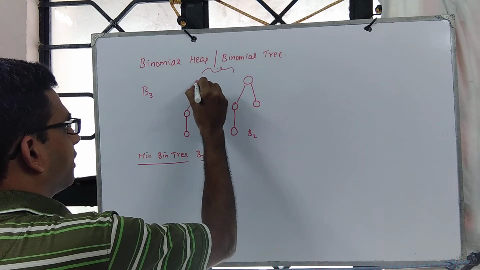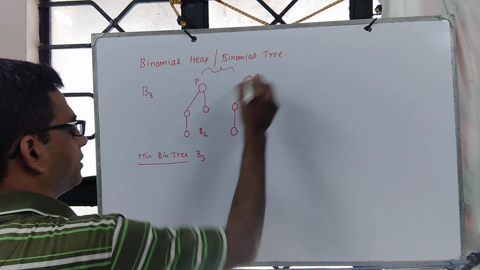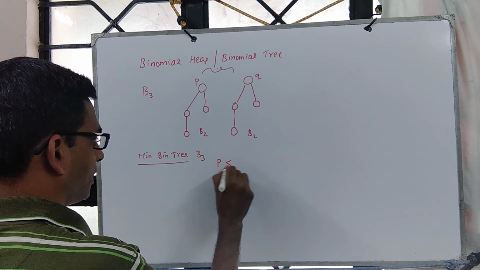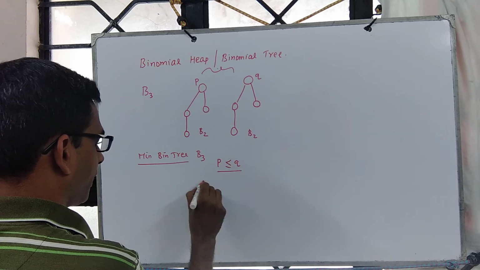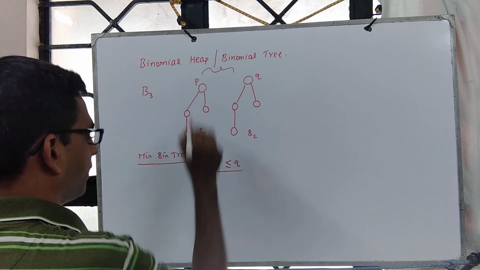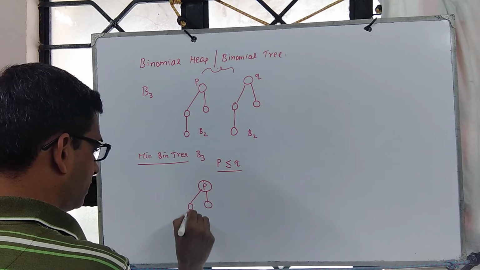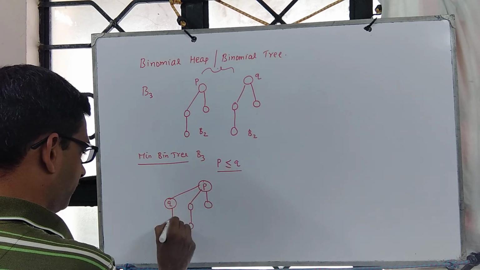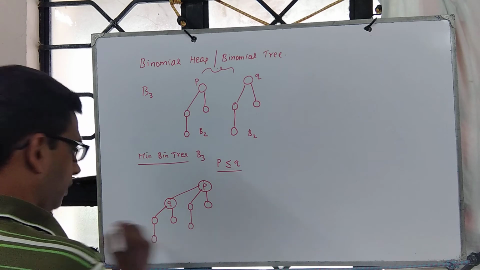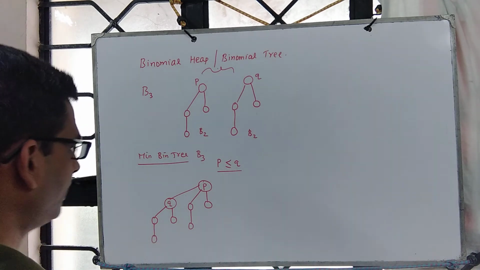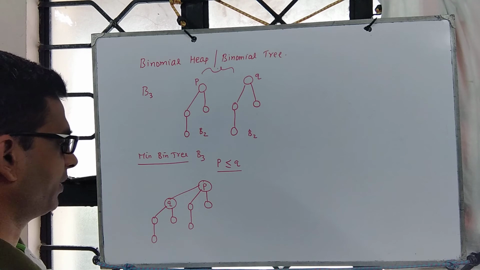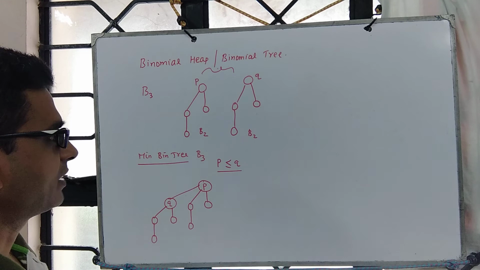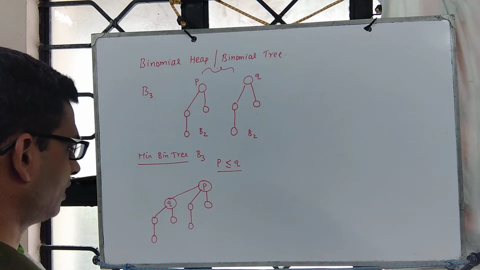Then we look at the value at this root and the value at this root, and suppose P is less than or equal to Q. Then we make P the root with this subtree, and then Q comes below. So this is how we construct a binomial tree. There are a couple of interesting structural properties which we shall observe now.